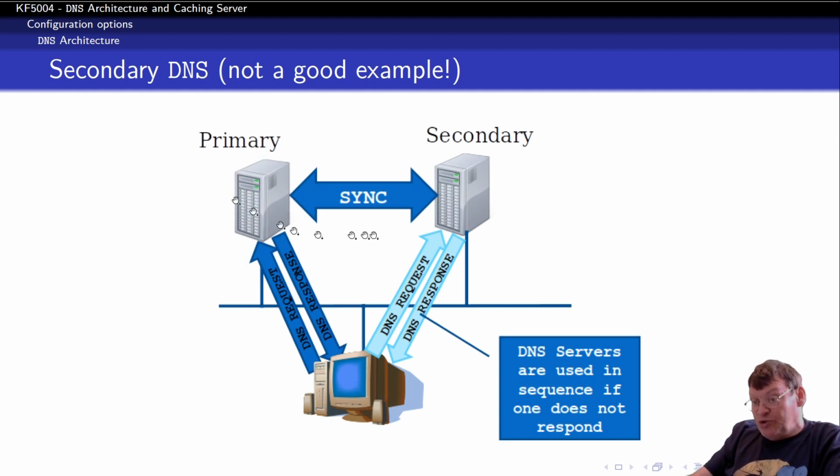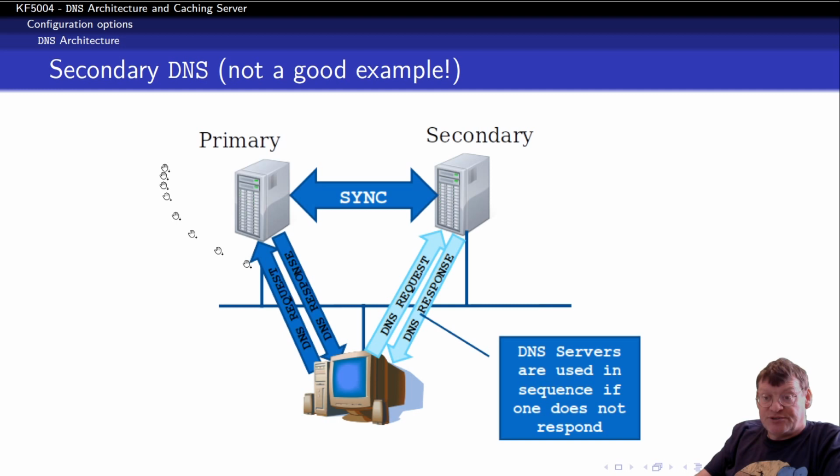Although you can do a setup where you have two machines that link and you use both of them, a client machine can be told there are two DNS servers. It will go to the first, and if it doesn't get a response, it'll go to the next. That would give us some kind of resilience on the network.